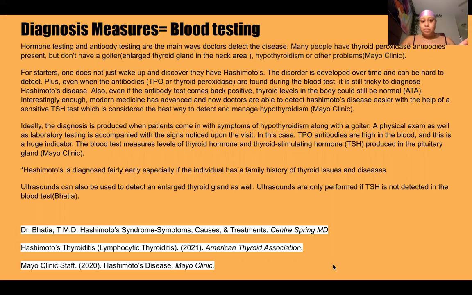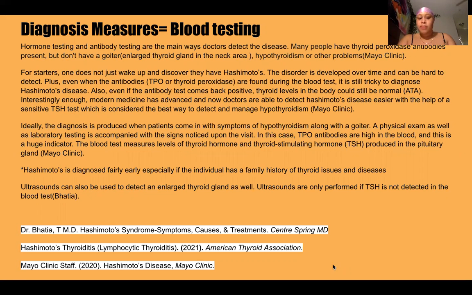With basic blood testing, like the antibody situation, sometimes your test doesn't come back positive or doesn't show up, so people wouldn't know and would find out later in life that they have Hashimoto's, because it's really hard to detect in a basic blood test.